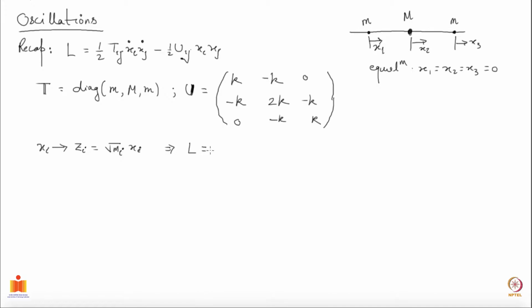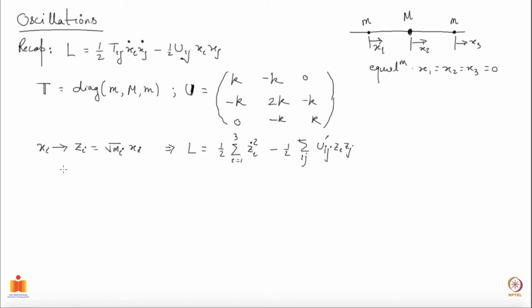Then your Lagrangian becomes half zi dot square, that's the kinetic term, minus half, ij, they all run from 1 to 3, Uij prime zi zj. Okay, and U prime will still be a symmetric matrix.